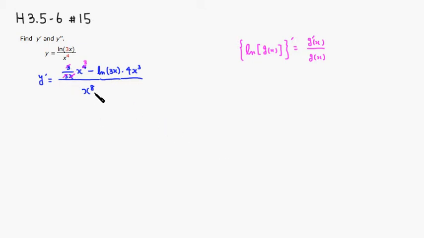Then we should be able to factor out an x cubed here and an x cubed here, so factoring out x cubed from the numerator, what's left is only 1 from the first term, and minus 4 natural log of 3x.